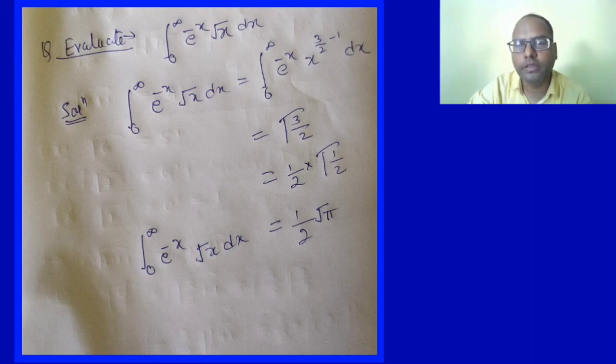Now again compare this with the definition of the gamma function, the integral from 0 to infinity of e to the power minus x, x to the power n minus 1 dx. Here we have n as 3 by 2. So the value of this integral is gamma 3 by 2, and gamma 3 by 2 can be written as 1 by 2 into gamma 1 by 2, and gamma 1 by 2 is root pi. So the value of this integral is 1 by 2 root pi.